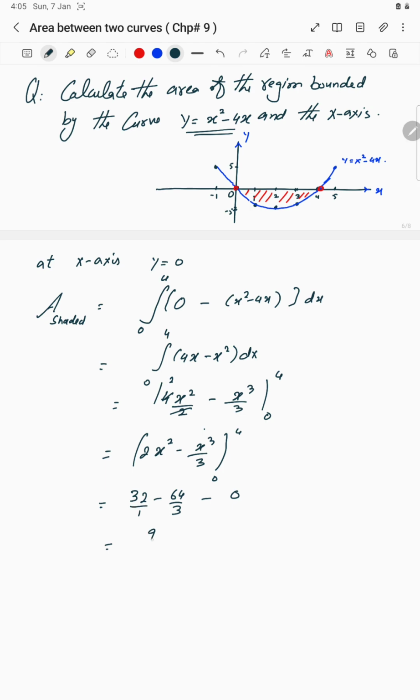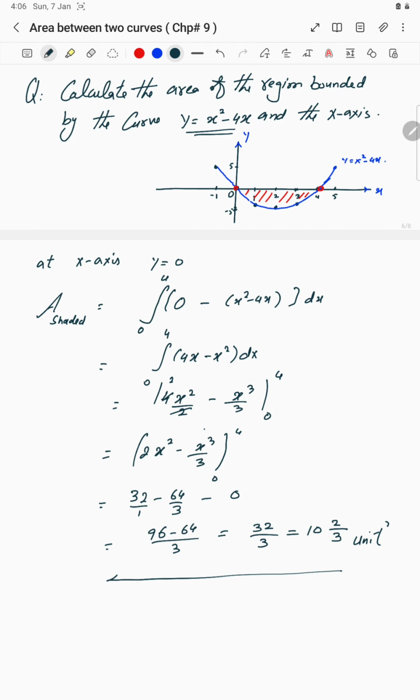So taking LCM, it is 96 minus 64 by 3, which will give me 32 by 3, or 10 whole 2 by 3 square unit. That will be the required area for the given question. I hope it is clear.